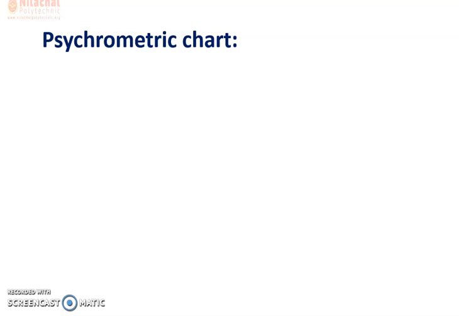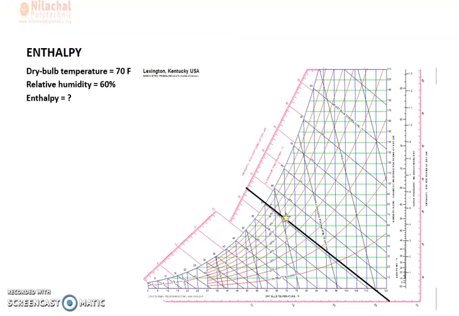So this is all about how to read the psychrometric chart and how to use it, and how to calculate different thermodynamic properties like the dry bulb temperature, wet bulb temperature, dew point temperature, specific volume, and the enthalpy line.